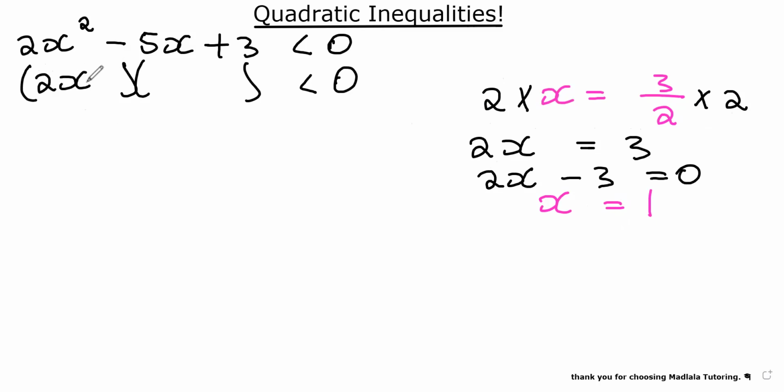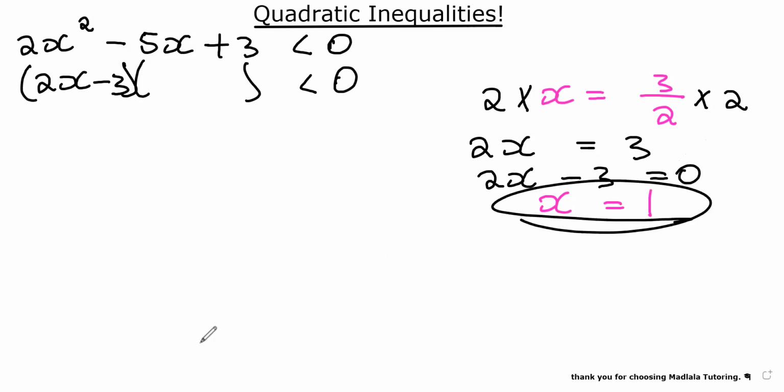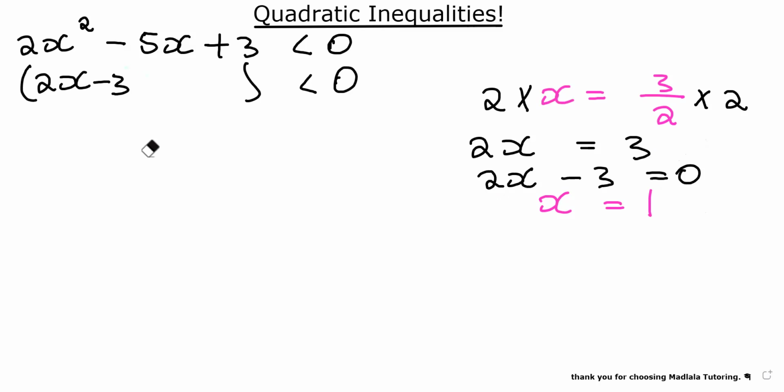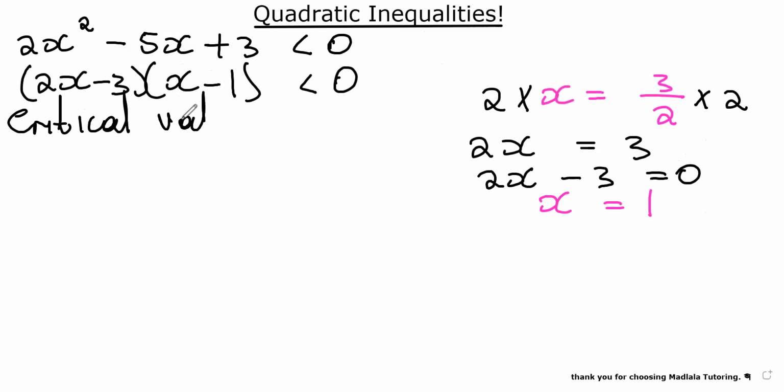So the first factor will be 2x minus 3. And here we have x equals 1, so you just take the 1 to the left, it becomes negative. And after this step, of course, it's time for you to state your critical values.